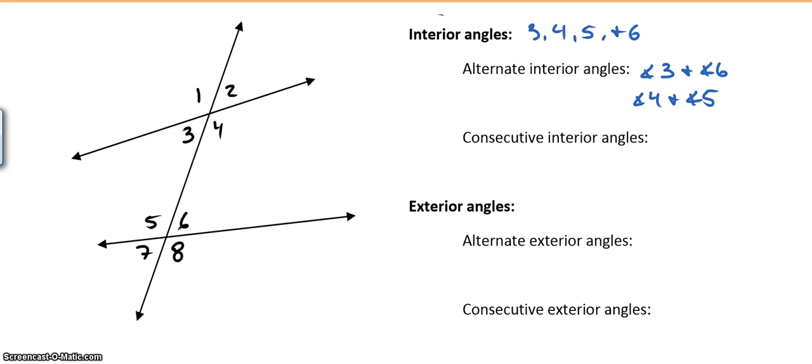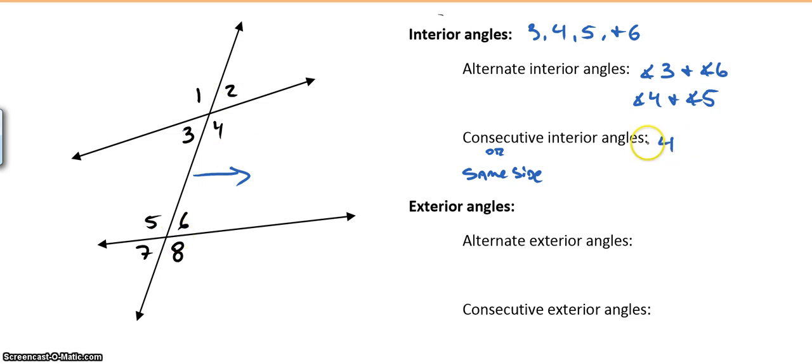So the next one is consecutive interior angles. Sometimes they're called same side interior angles. Now we're still focused only on the 4 angles on the inside, but the same side makes more sense. Consecutive is the fancy math term, and what that means is they are on the same side of the transversal. So 4 and 6 are on the inside, they're interior, and on the same side of the transversal.